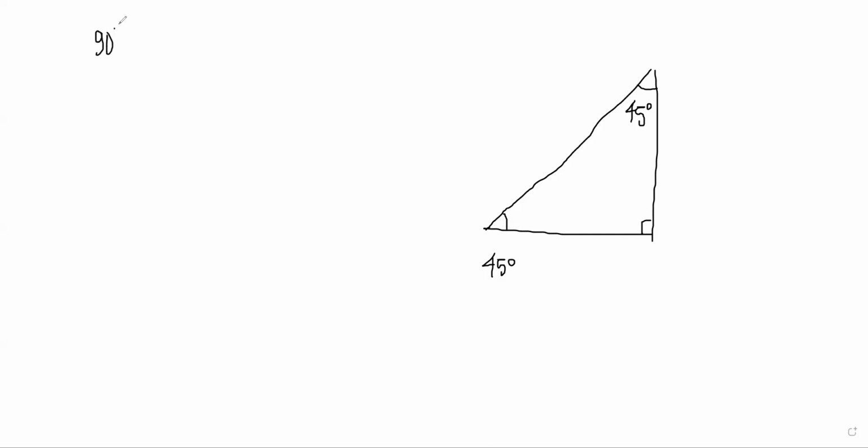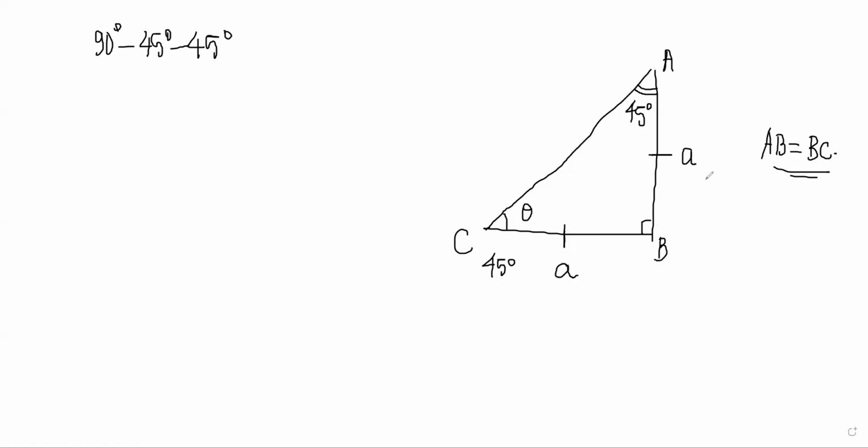If you take a 90 degree, 45 degree triangle, and you have theta here, you should realize that this is a right angle triangle, but it is also an isosceles triangle. Since it is isosceles, these two sides are equal in length. AB and BC are equal because the angles are 45. So if you call this length A, this is also A, and because of Pythagoras theorem, the hypotenuse will be root 2A.